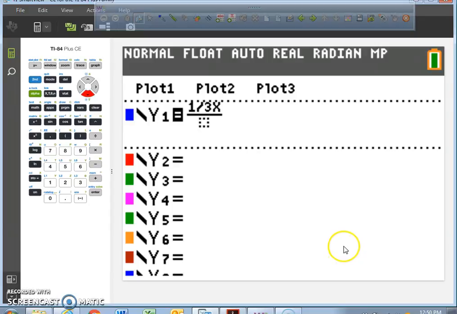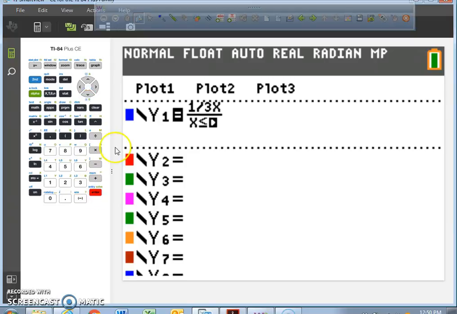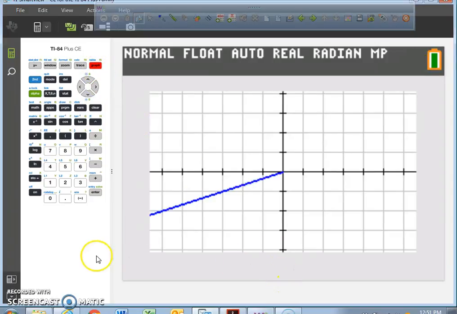Then in the denominator, this is where you have to pay close attention. Hit the x value first. Hit second math. Go down to where it says less than or equal to, number 6. And type in a 0. Once you do that, hit the graph button and take a look at your line.